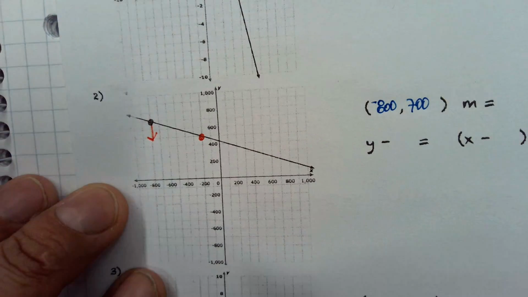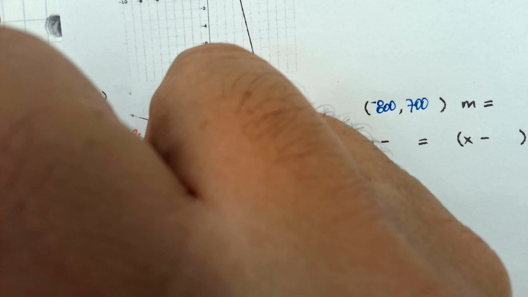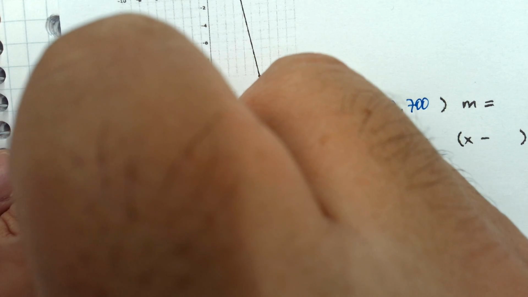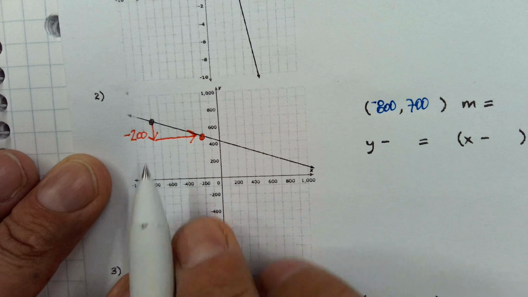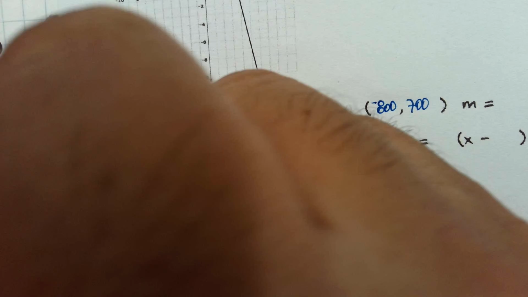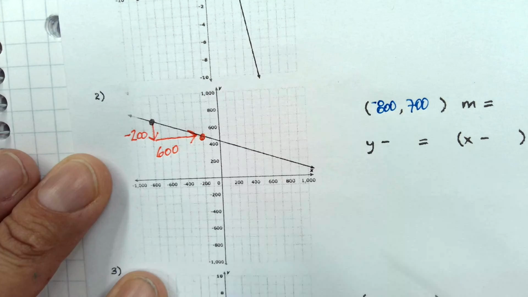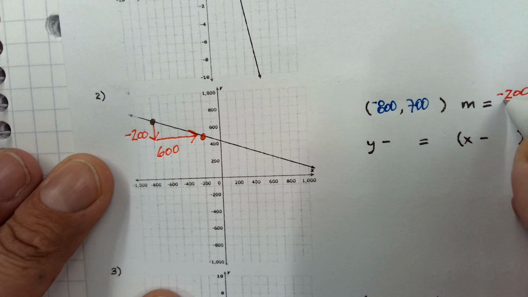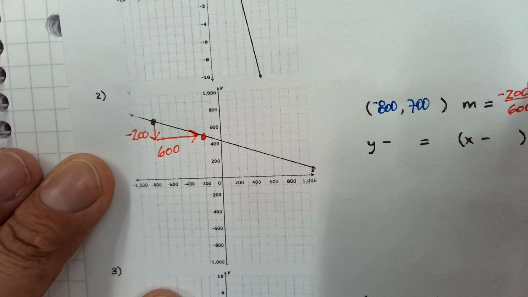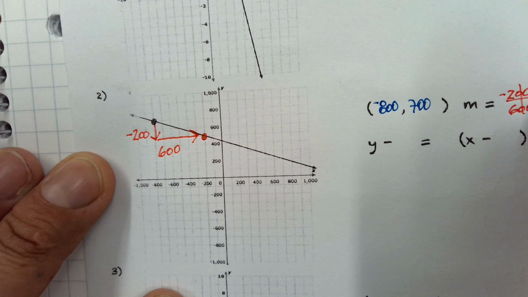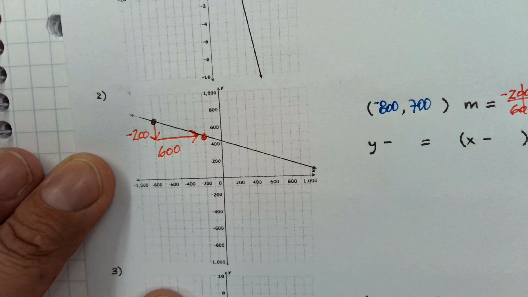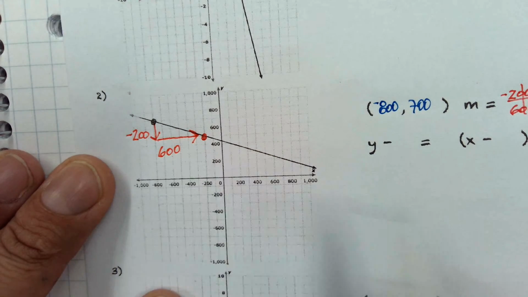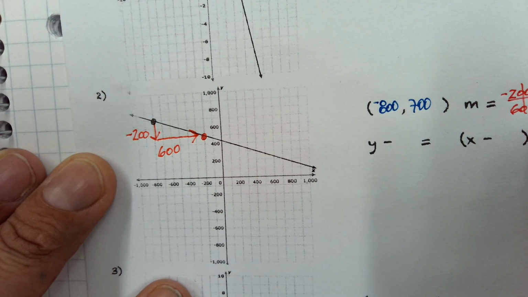We'll be fine. So negative 200, and how much do we go across? 600 for this one. I'm using, so this would be negative 200 over 600. If you use that one, yeah. So either way, using your points, if some of you use this other point, or mine, it simplifies down to negative 1 over 3.